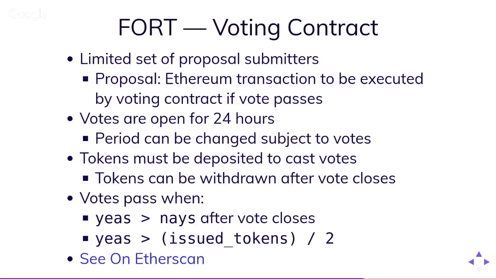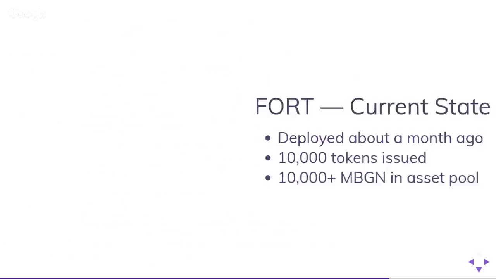Events are emitted anytime somebody proposes a vote. They're also emitted anytime somebody votes on a vote or deposits their tokens, or once the proposal gets executed. So yeah, again, that's available on Etherscan.